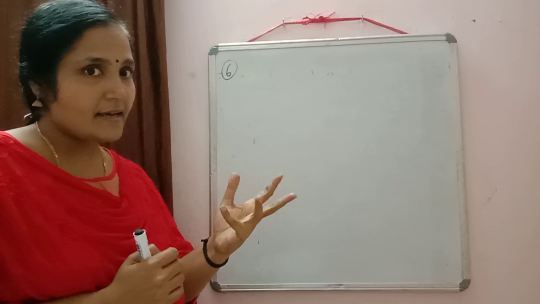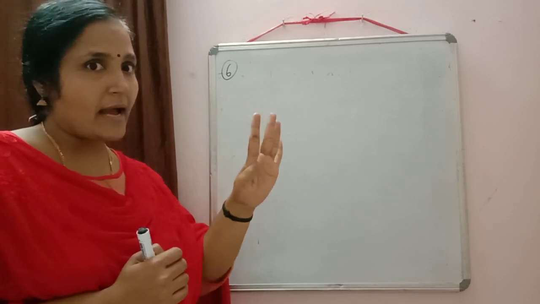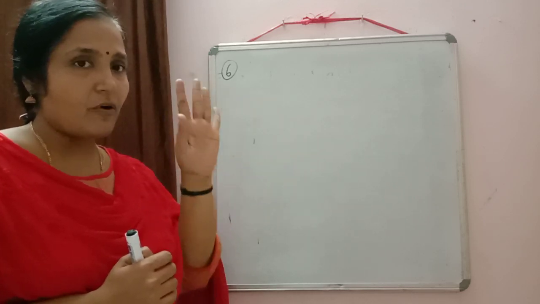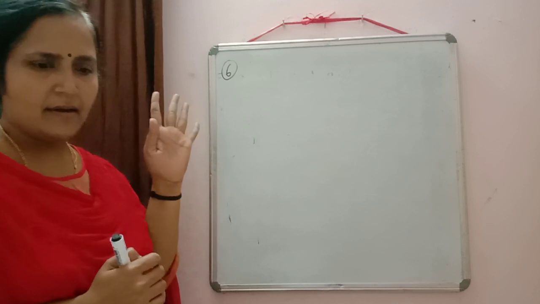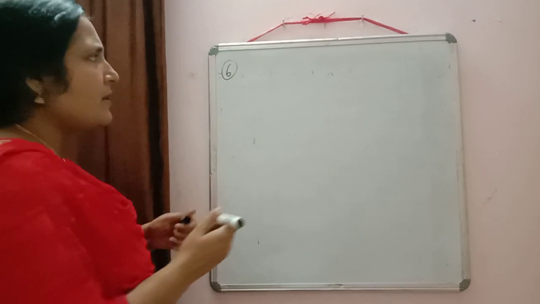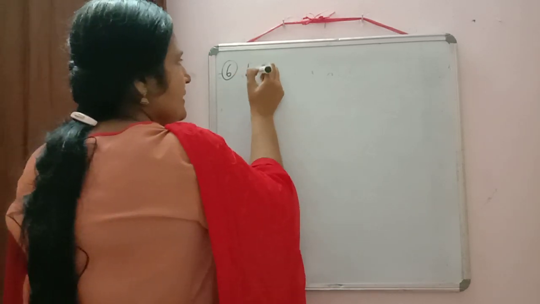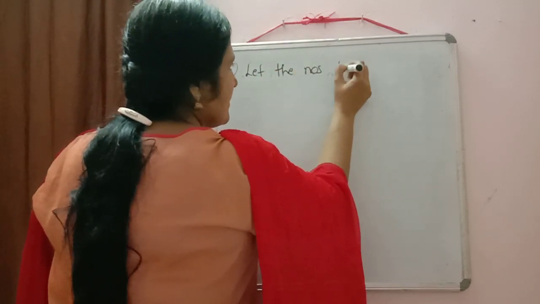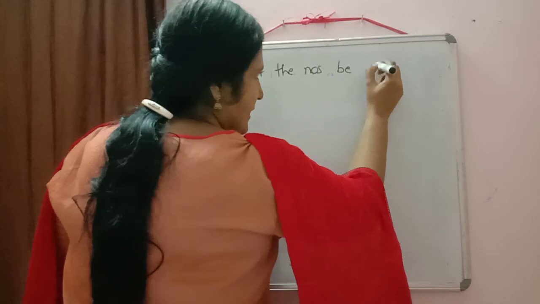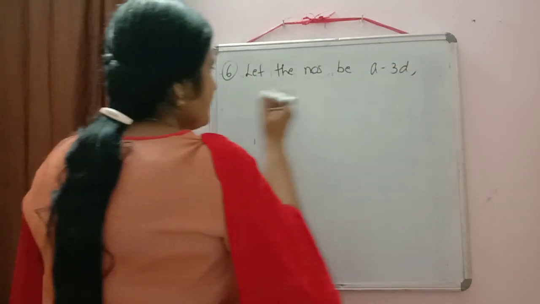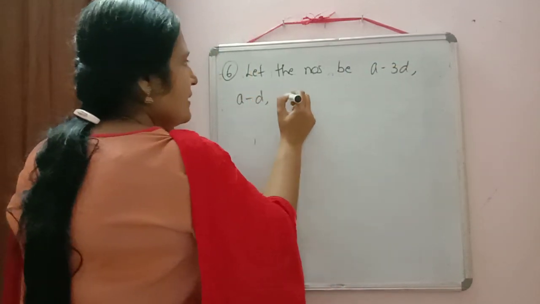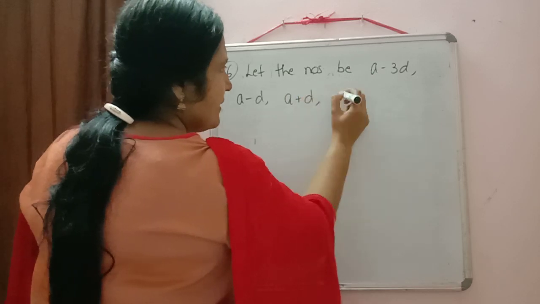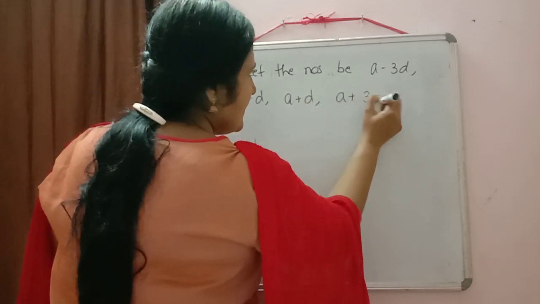So it is written 4 angles are in AP, or 4 numbers are in AP. So when 4 numbers are in AP, how are we writing? Yes, let the numbers be A minus 3D, A minus D, A plus D, A plus 3D.